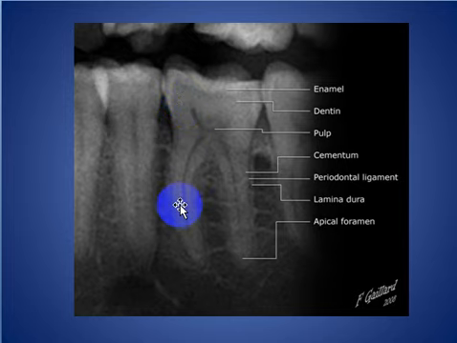The cementum is covered by the periodontal membrane, and the periodontal membrane is covered by the lamina dura. The lamina dura is a thin radiopaque line covering the periodontal membrane or ligament.